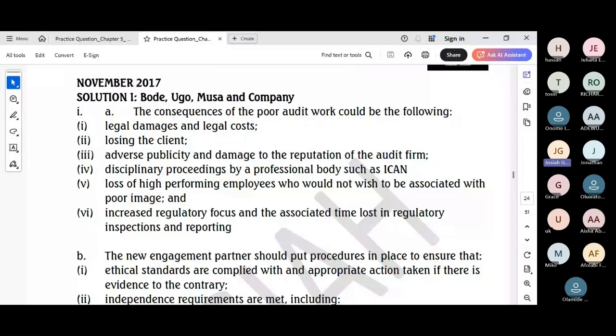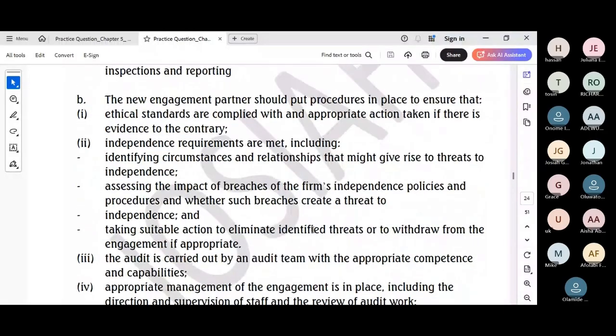So start with the most obvious and direct consequences, the legal damages, and then move to the less immediate but equally important ones like loss of reputation and disciplinary action. You can link your points directly to the case study to show application. So for example, you can say legal damages and costs are claimed by the shareholders of NigerCap PLC against the audit firm. Then that answer will resonate more to pick up your marks clearly.